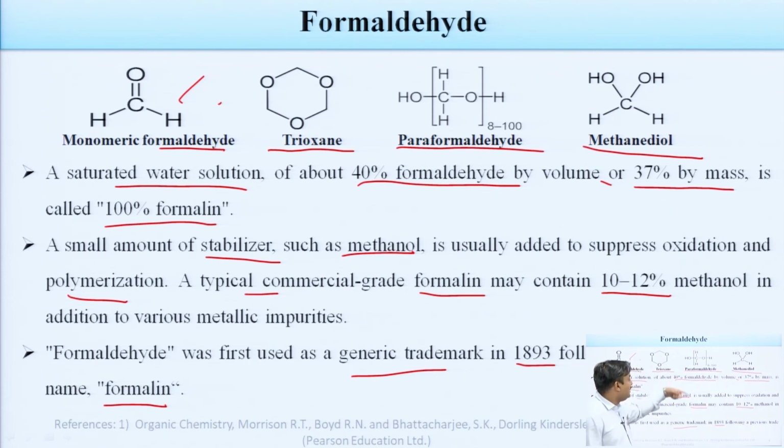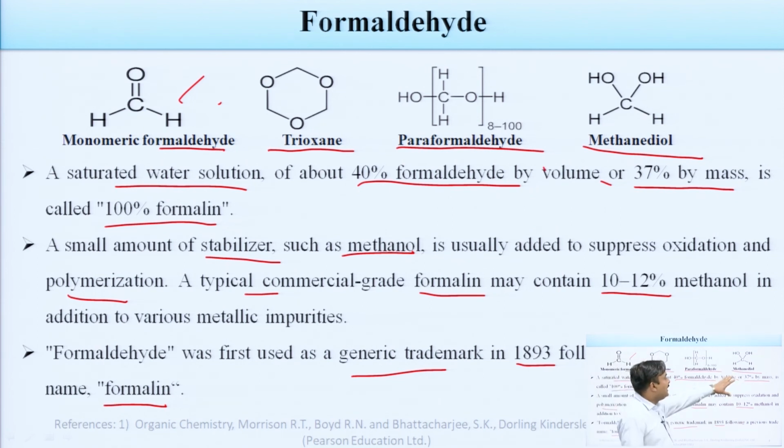Then paraformaldehyde, as I told you, is an oligomer, meaning more than 2, or as written on the slide, 8 to 100 monomers are joined together to form this particular molecule. Again it is insoluble in most of the solvents, while trioxanes are soluble.